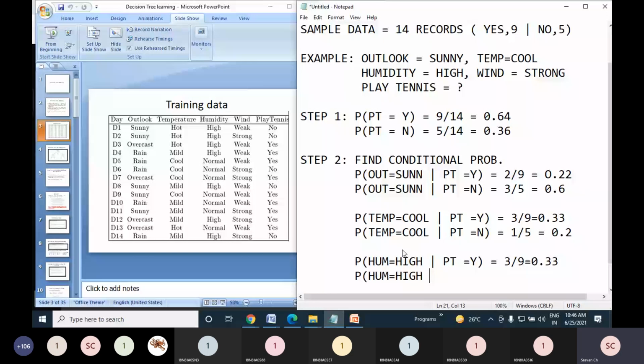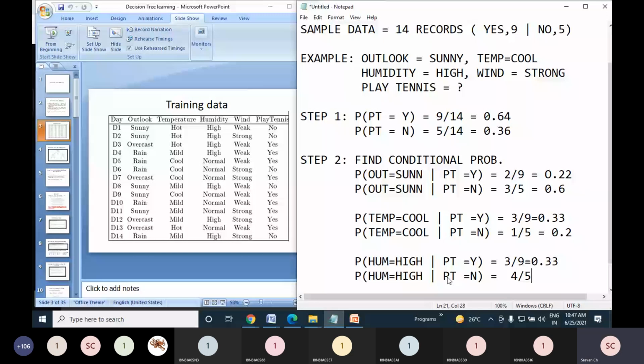Humidity is high. If you look at this one, high no, first 2 cases counted. Similarly, high no, record number 8, and record number 14, high and no. So 4 times it occurred. So 4 by 5 means 0.8.